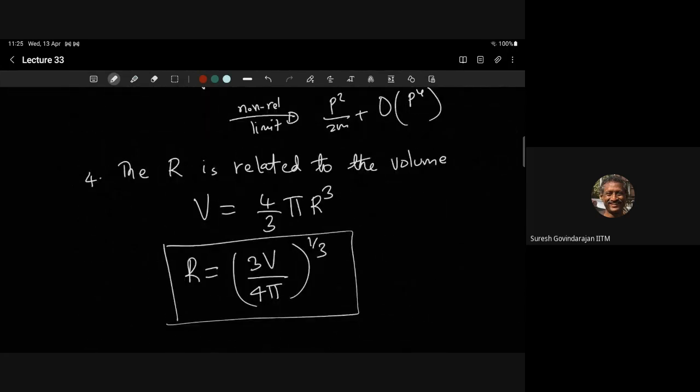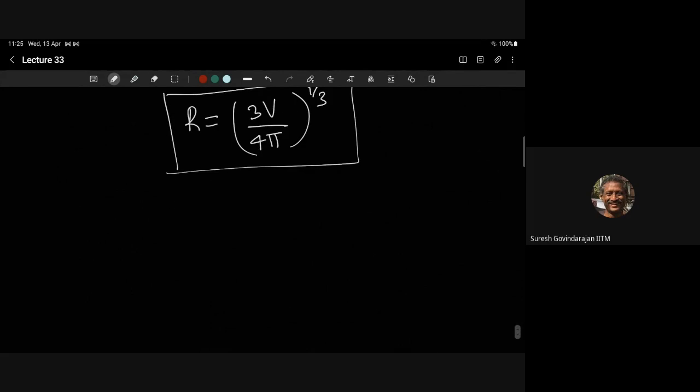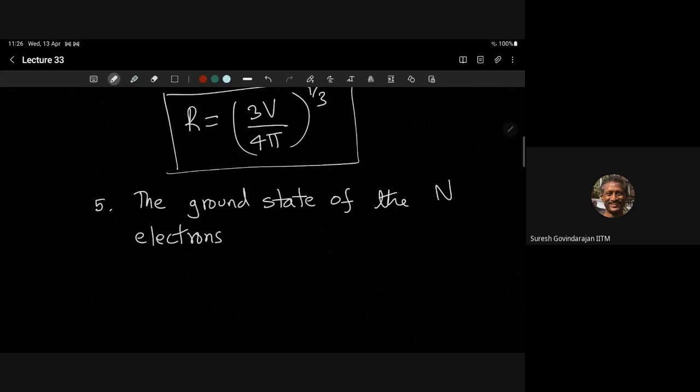But here is the interesting thing. The Fermi ground state of the n electrons, what does it correspond to? What do you do at T equal to 0? How do you obtain that?